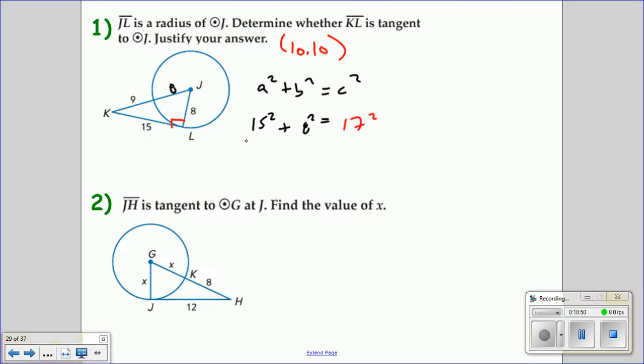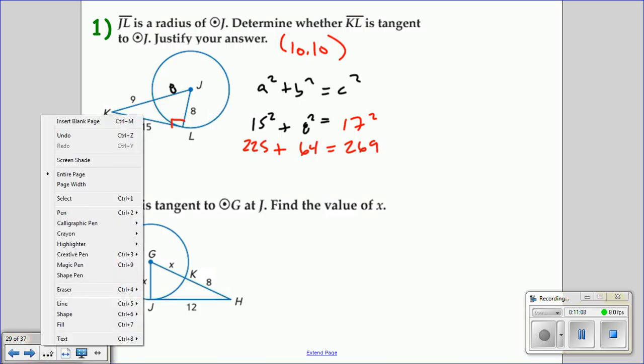All right, so 15 squared is 225, 8 squared is 64, and 17 squared is 269. 225 plus 64, is it 269 or 289? Hold on, let's double check the calculator.